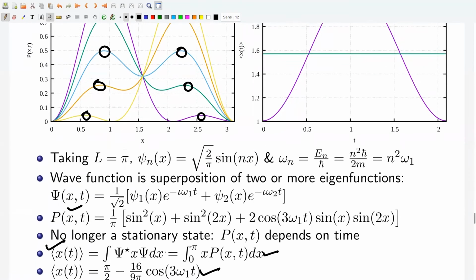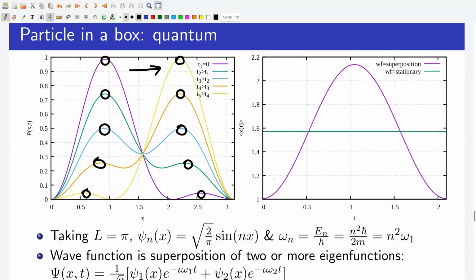And if you plot this, then you see that as time progresses, the particle is traveling from left hand side to the right hand side, and it suffers a collision at this point, and then it starts moving in the opposite direction and it comes back. This is unlike the stationary wave function, where the position expectation value is not a function of time. This remains constant along this line.